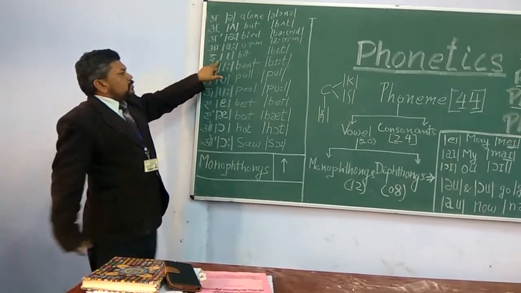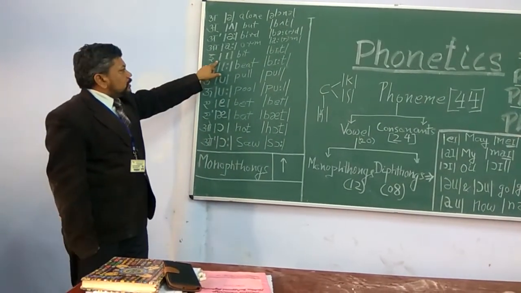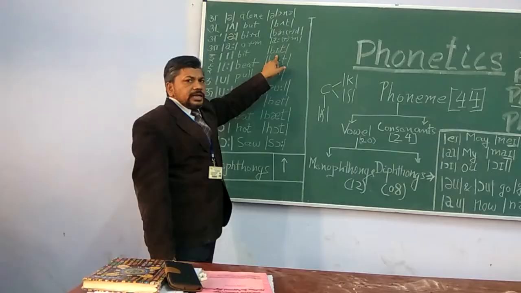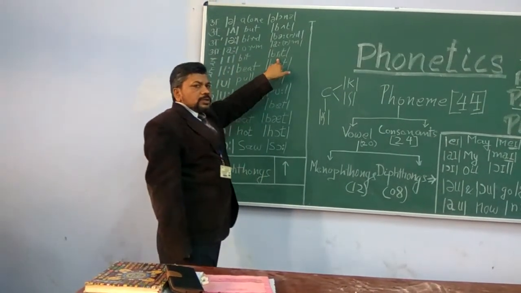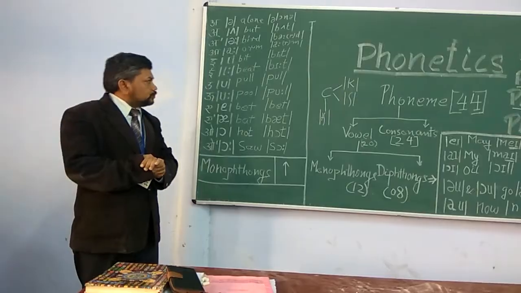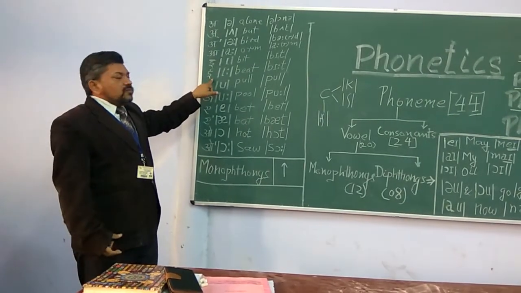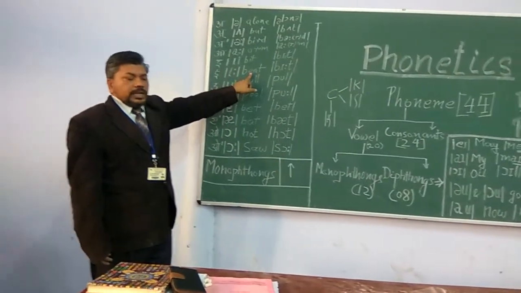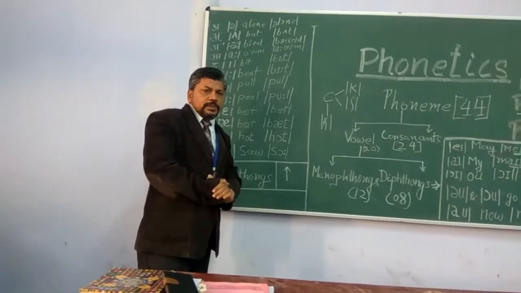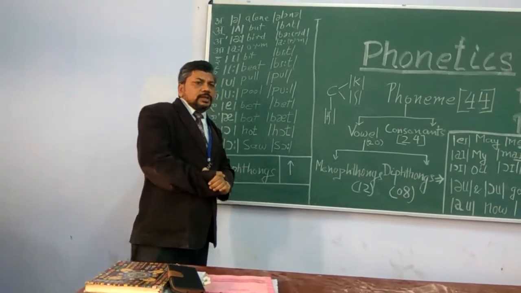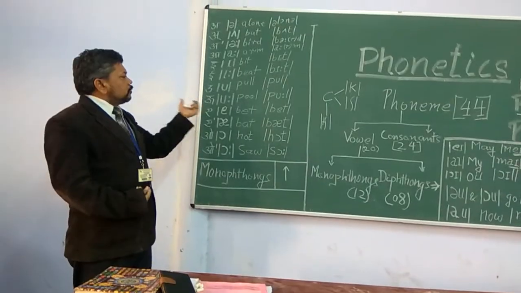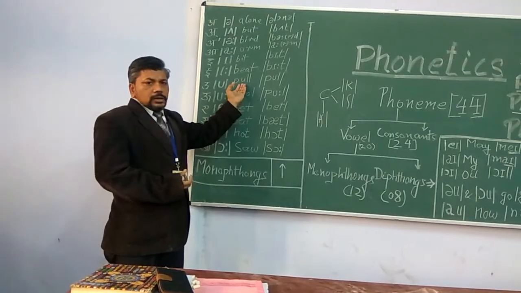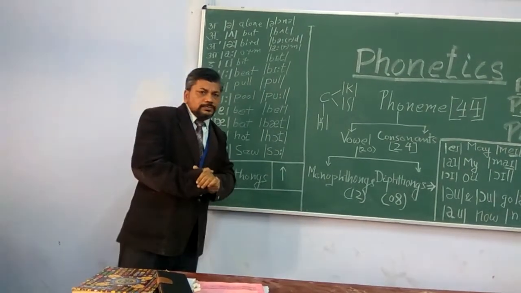Then as per the Indianized pattern, next one is the short i, as in bit, sit. And the longer vowel for the same is ee, as in beat, seat, meat. Then moving to the next vowel sound is u, as in full, F-U-double-L, full.